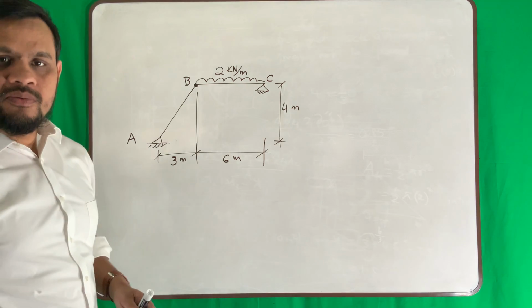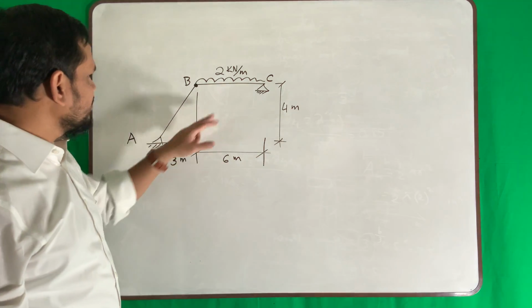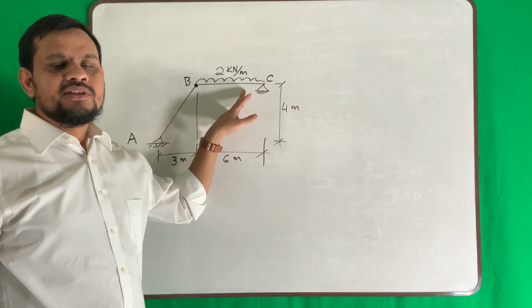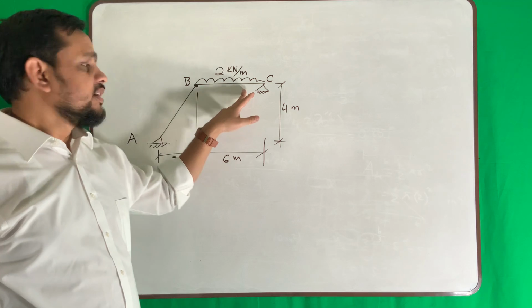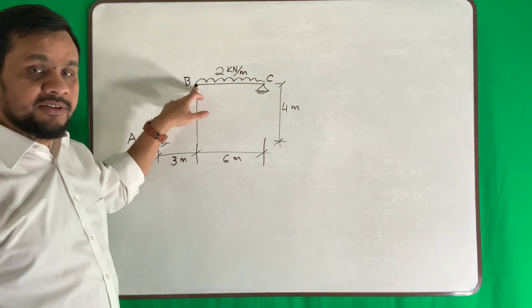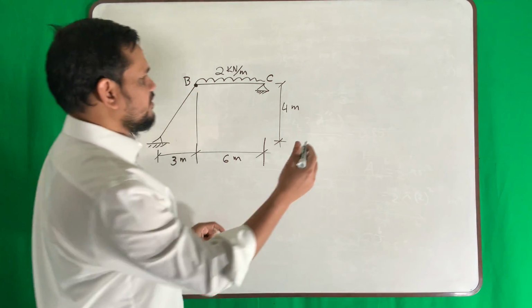So here I drew one frame. How do I know it is a frame? Why is it not a truss? Because you can see the load is at the member. So it is not a truss. If this load was not here and the load was at the joint only, and this is pin, then this is okay. Let me draw here.